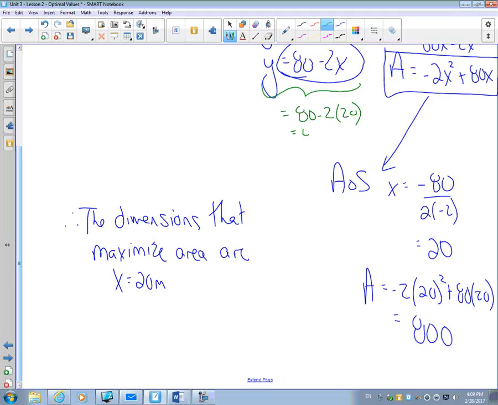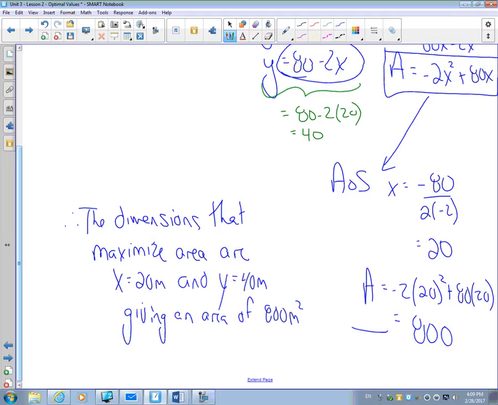So we can solve for y. And if we do that, we get y is 40. And together, that gives an area of 800. Now, I did that by calculating it over here, but really, isn't 20 times 40 also 800? So two different ways of confirming that answer.